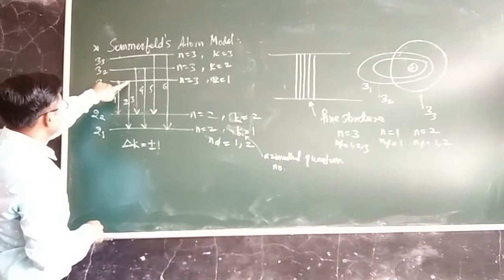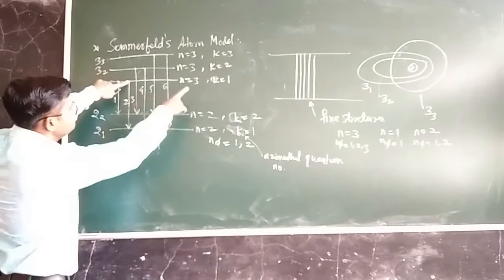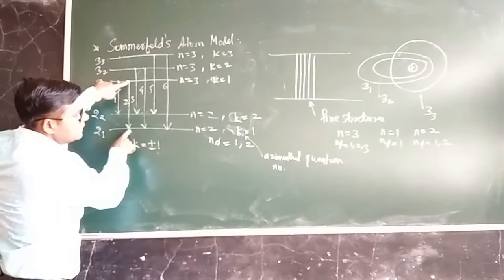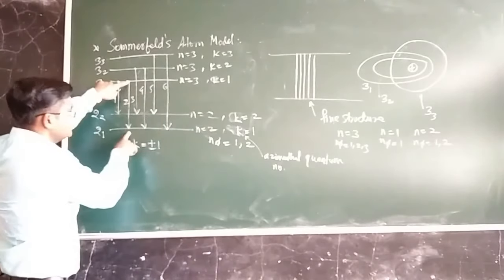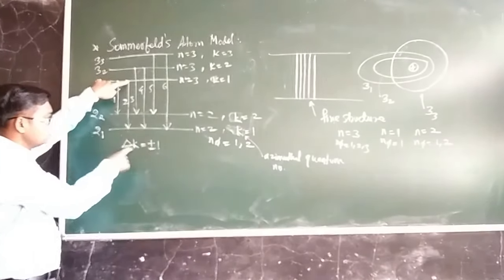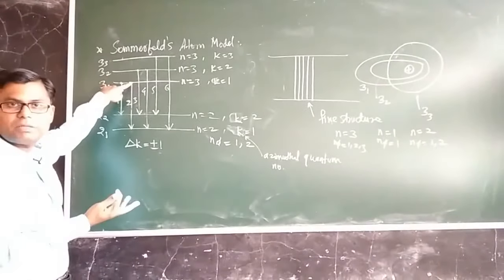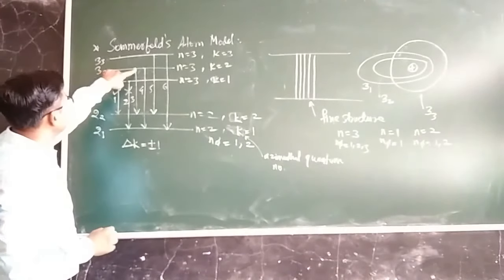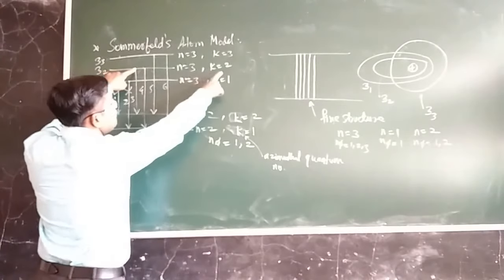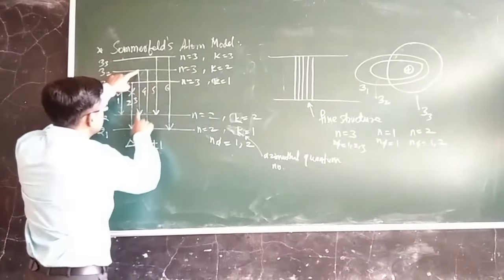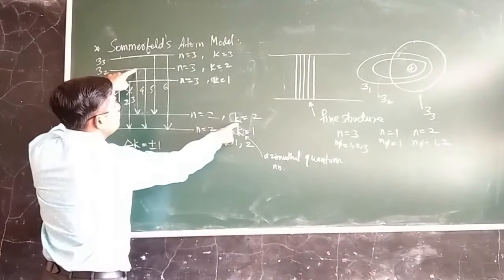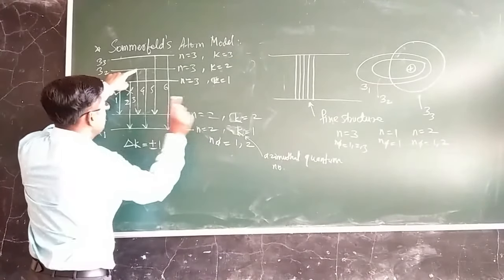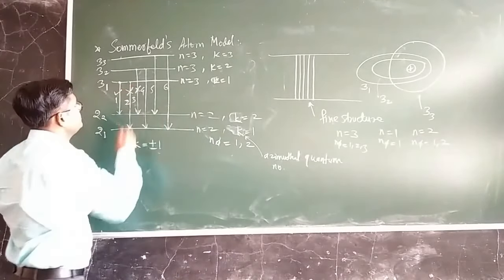What about this? For this transition k is equal to 1 and here k is equal to 1. So 1 minus 1 is 0, but delta k equal to 0 is not permissible. Therefore this transition will not be allowed. For this transition, this energy level has k equal to 2 and this energy level has k equal to 2. So 2 minus 2 is 0, which is not allowed.